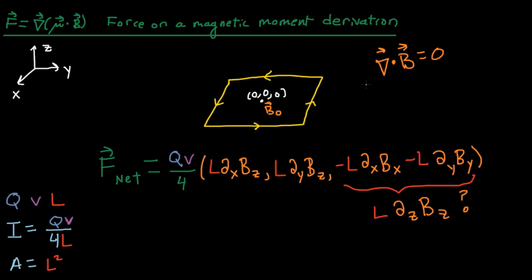And if we write that out a little bit more explicitly, that's partial x bx plus partial y by plus partial z bz equals 0. This is one of Maxwell's laws. So using this equation, we can directly see that this thing that we got is actually equal to L partial z bz.